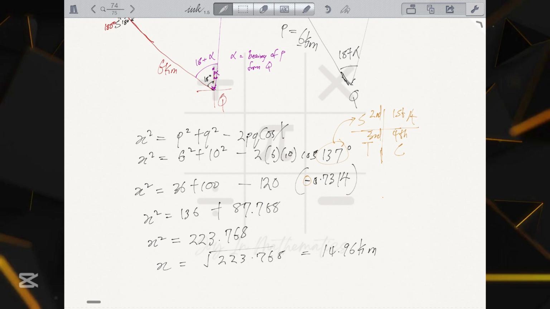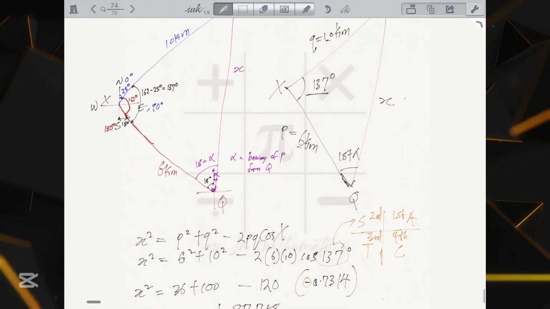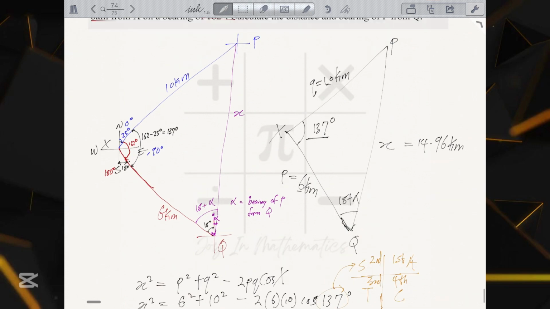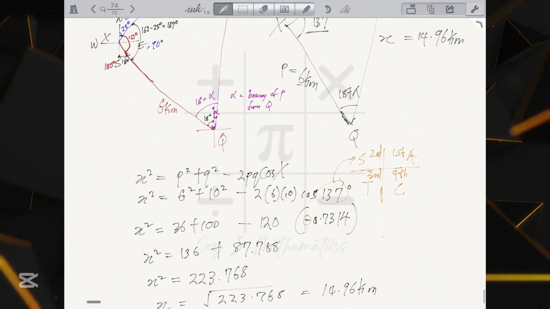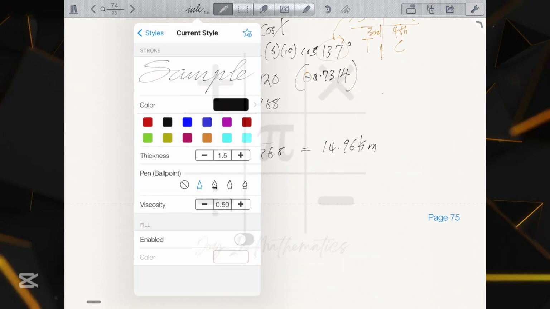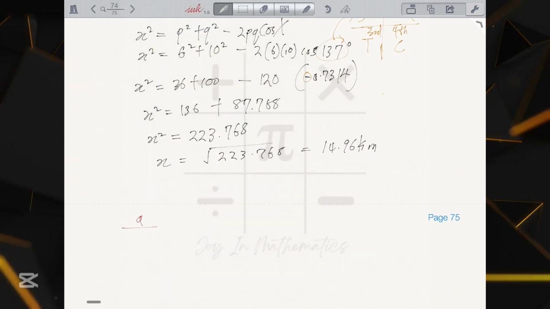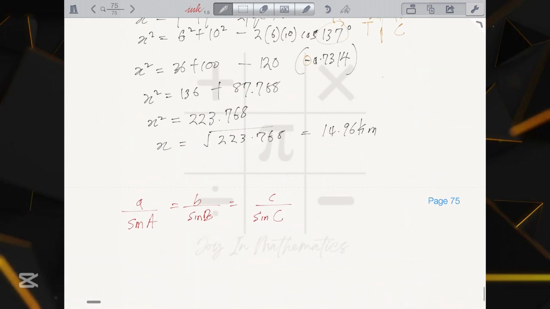Now that we have x to be equal to 14.96 kilometers, we can now easily evaluate our alpha. How do we evaluate our alpha? We just apply the sine rule, and remember, in the sine rule, a divided by sine a is equal to b divided by sine b is equal to c divided by sine c. To that effect, we can easily change the angles.